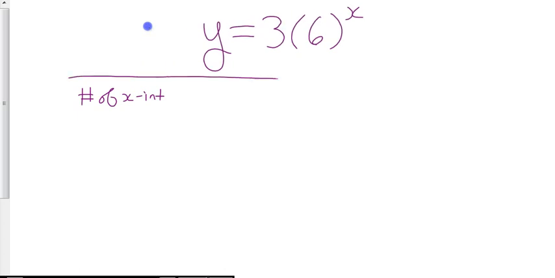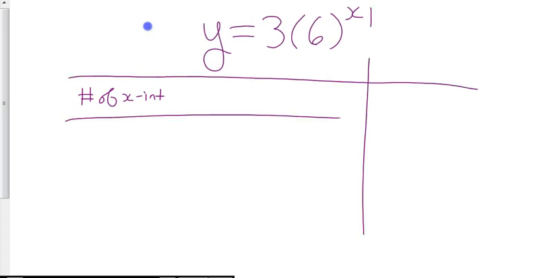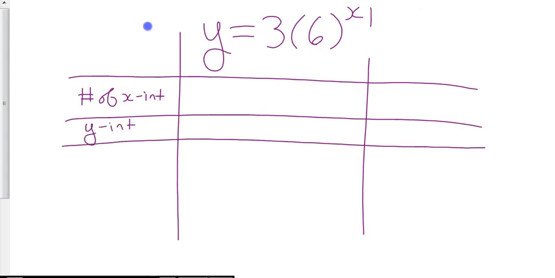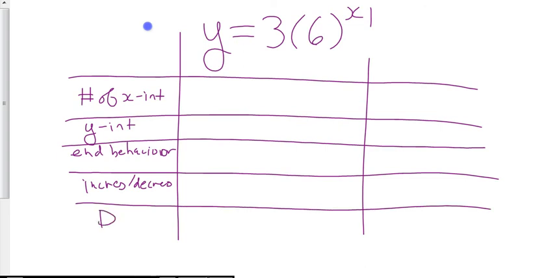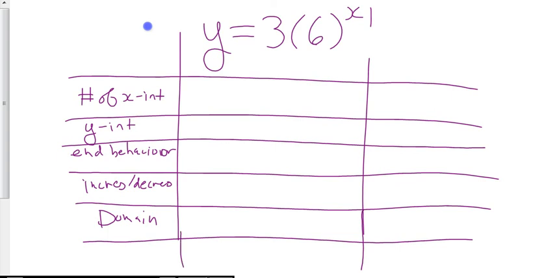So we'll do number of x-intercepts, the y-intercept, end behavior, increasing, decreasing, domain, range.